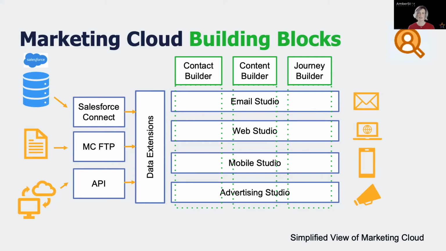So this is an SFTP site which is specifically provided with the Marketing Cloud product that is linked directly to the tool, which you can drop data in, and then you can bring directly into the Marketing Cloud using some automation techniques. And then you've got an API. So you've got both a SOAP and REST API that you can use.